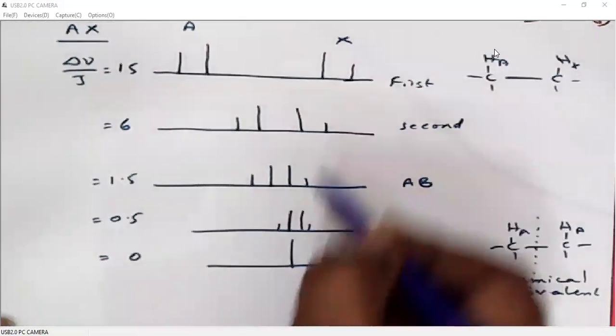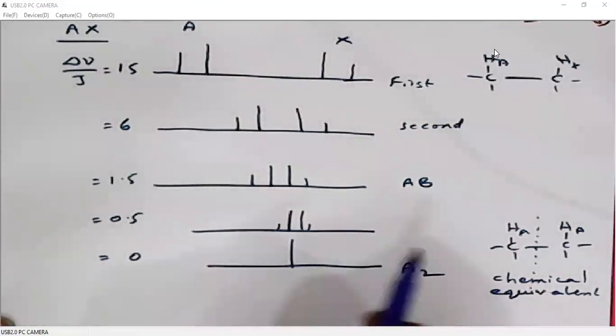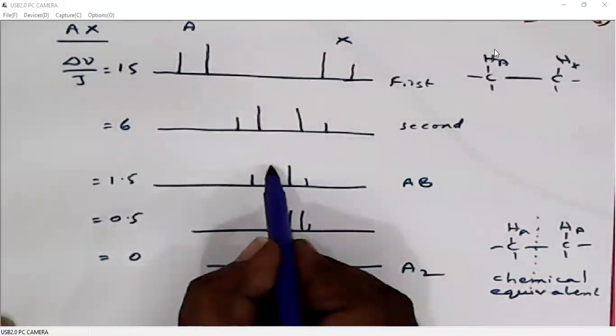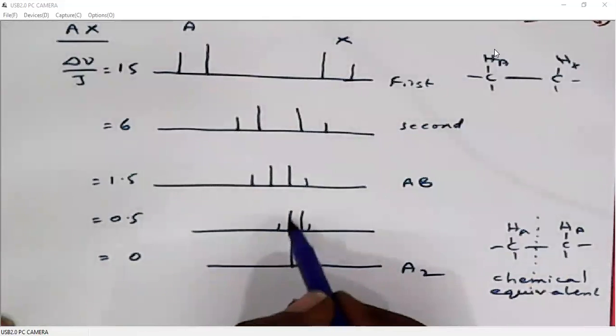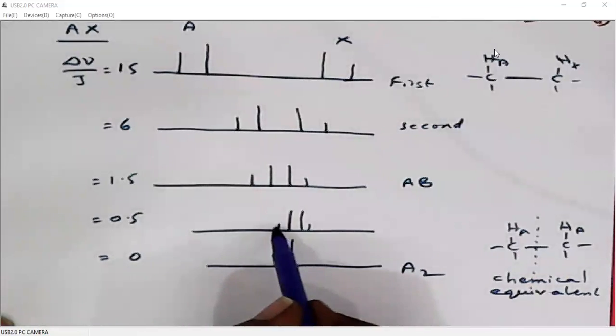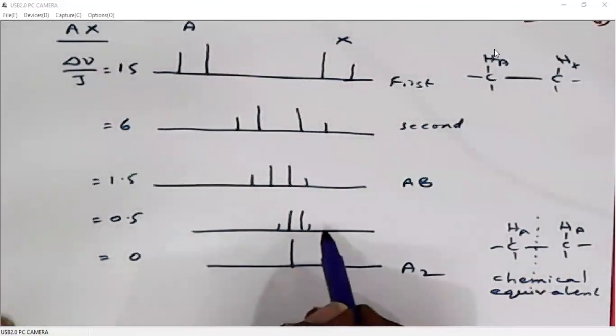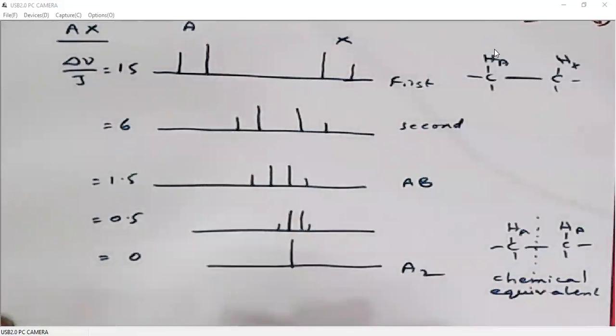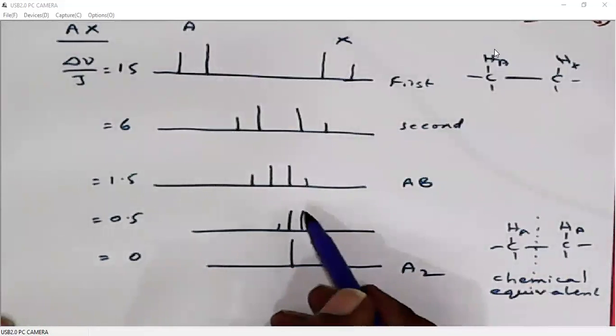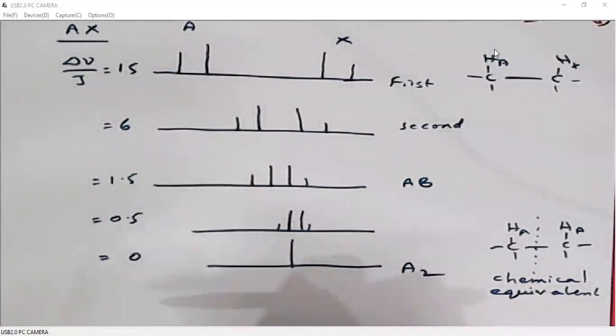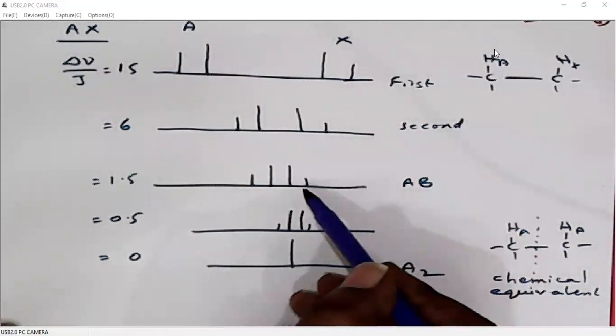Through all this transition, you clearly see the center peak intensities increasing gradually and the terminal peak intensities decreasing gradually. The middle peaks increase in intensity, and the extreme peaks decrease.